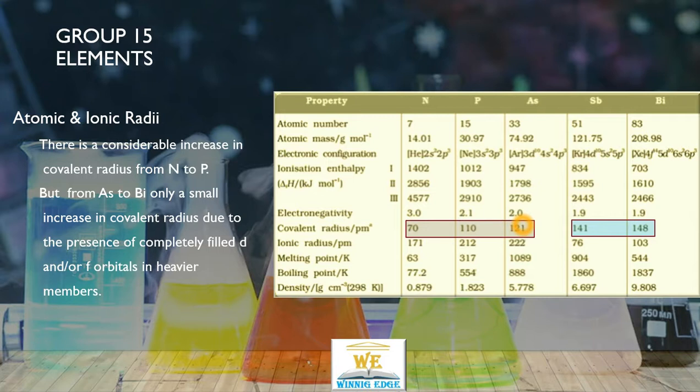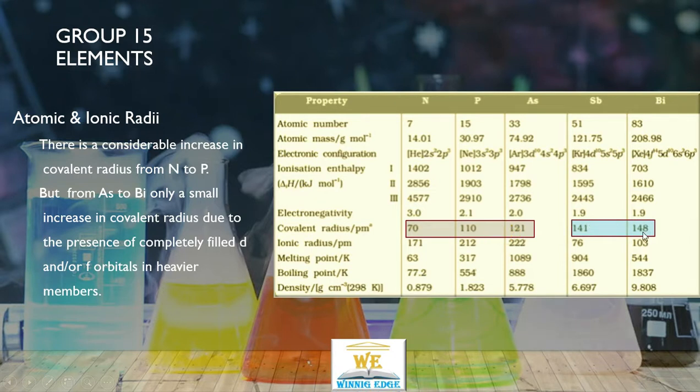Because of this greater nuclear charge, outermost electrons are strongly or tightly bound to the nucleus, and that results in smaller atomic radii. We call it covalent radii here because of the presence of covalent bonds between the atoms of group 15 elements.